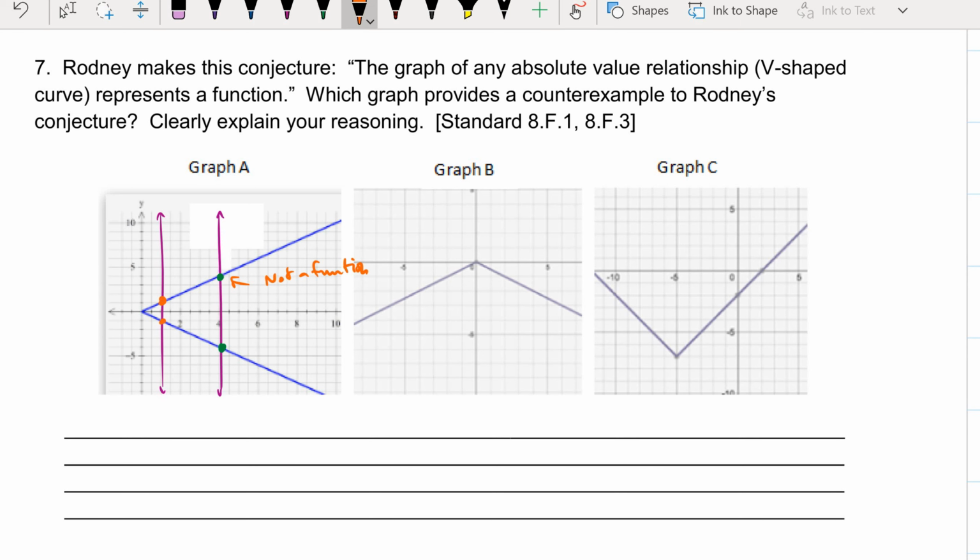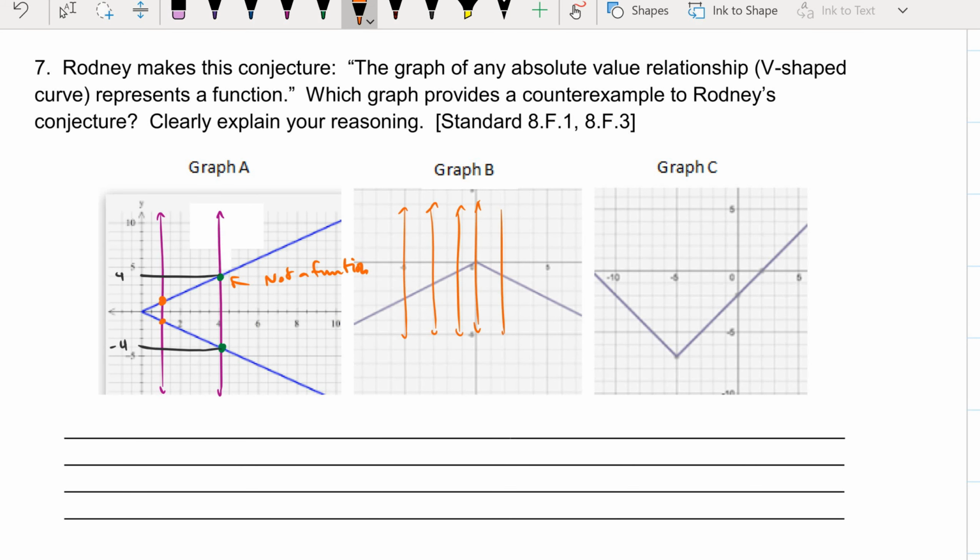Why? For example, this point has x value 4 and corresponding y value 4. However, it also has another corresponding y value, negative 4. That's why it's not a function. For graph B, if you draw a vertical line, it only crosses the graph at one point at a time.